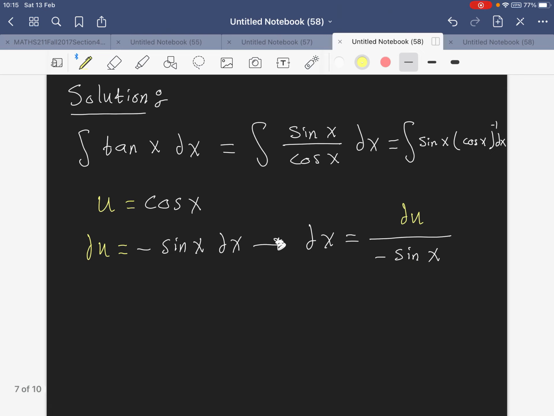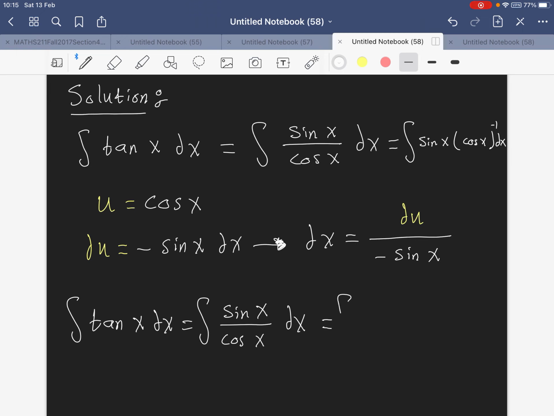So let's go back to our question as we just did it. The integral of tan x dx equals the integral of sine x over cosine x dx. And now the cosine, I already called it u.